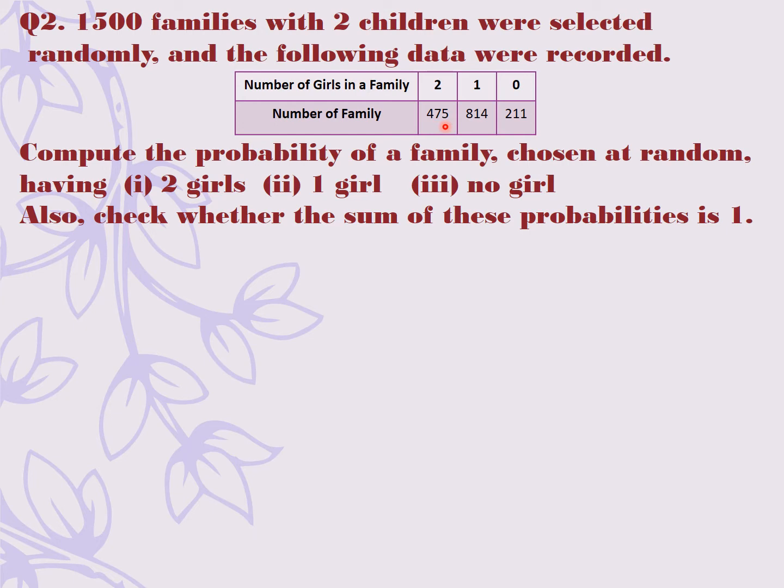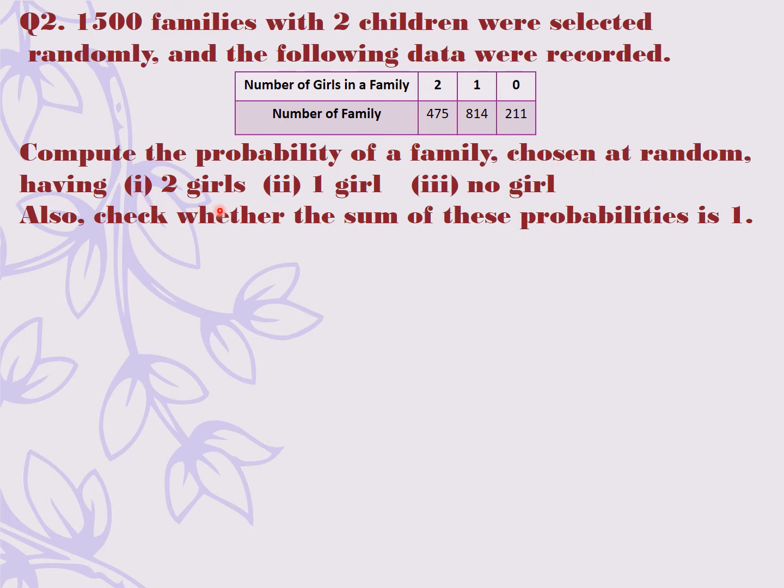The number of families who have only 1 girl is 814, and the number of families who do not have any girl, that is 0 girls, is 211.